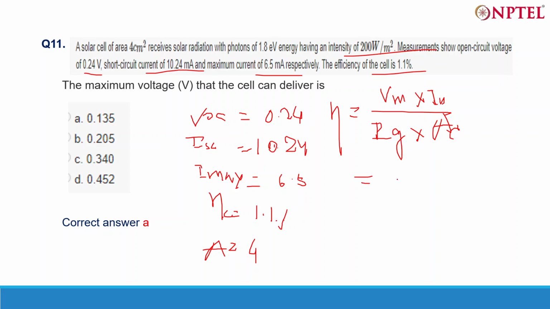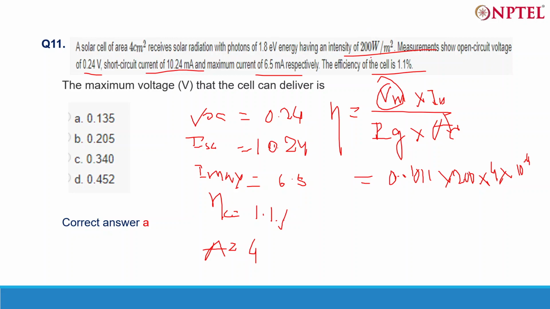So V max equals, now you need to calculate this V max value. Efficiency is 1.1%, that is 0.011 into 200 into 4 into 10 to the power minus 4.